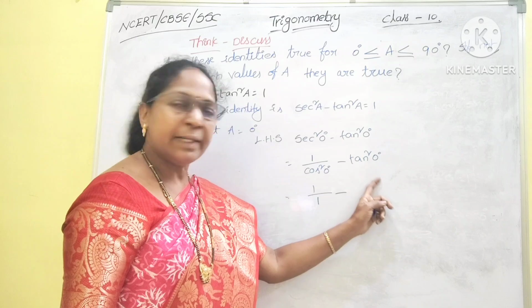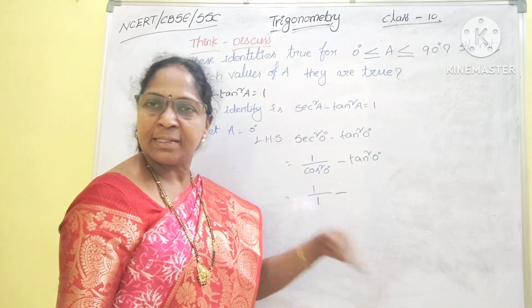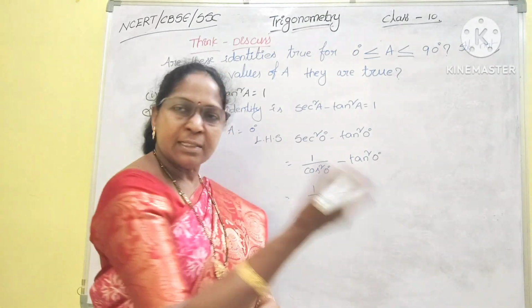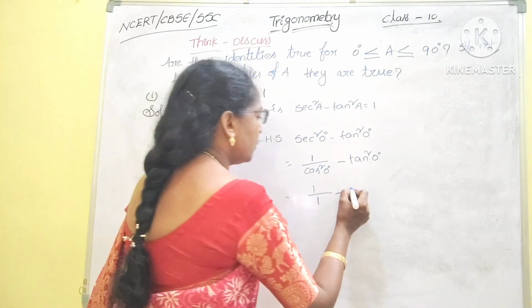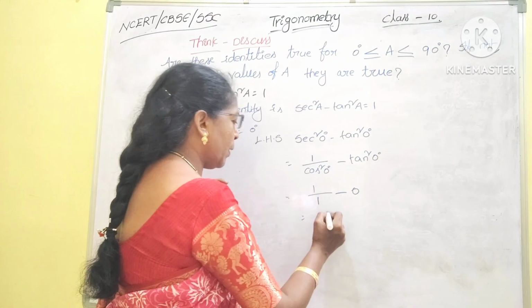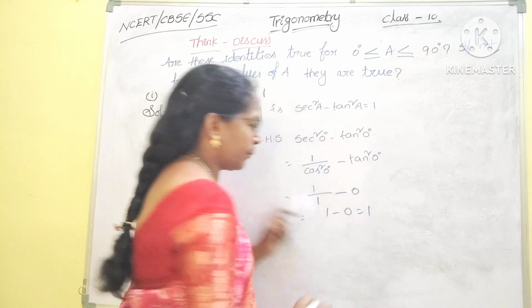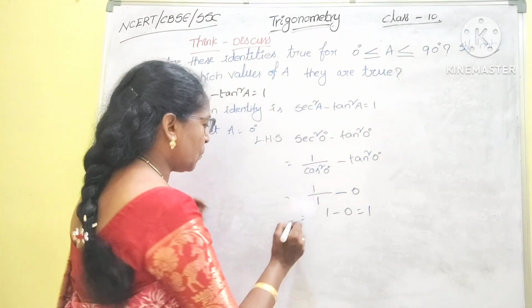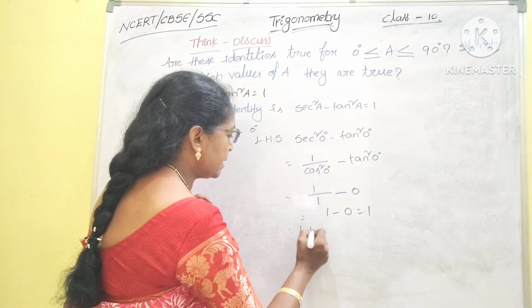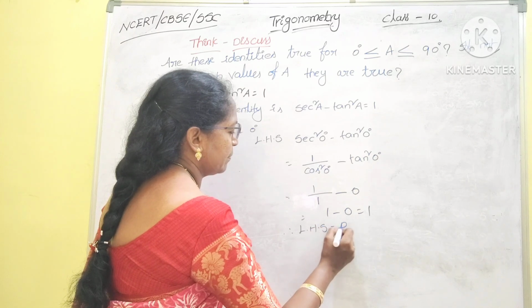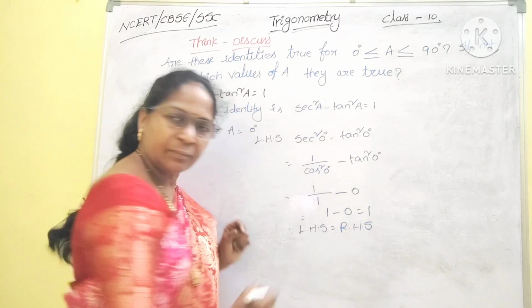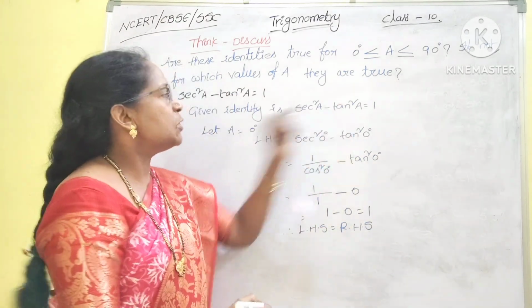Why? Because tan theta equal to sin by cos, where sin 0 equal to 0. 0 by anything equal to 0. So 1 minus 0 equal to 1. RHS you got 1. So, therefore, LHS equal to RHS when A equal to 0 degrees.